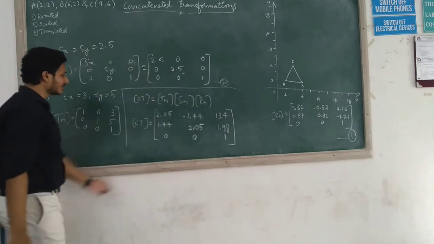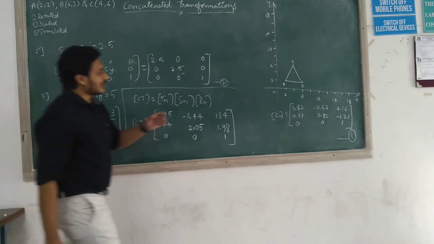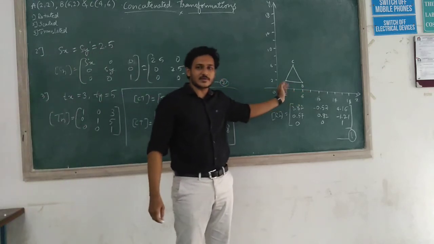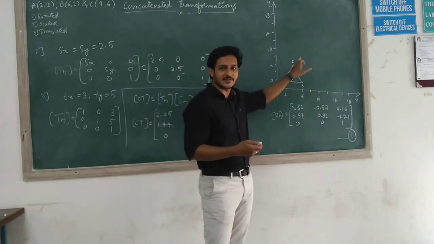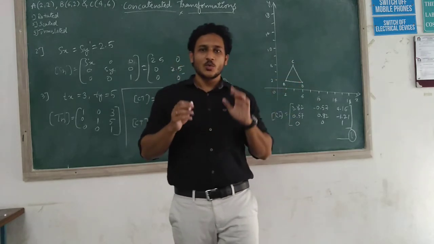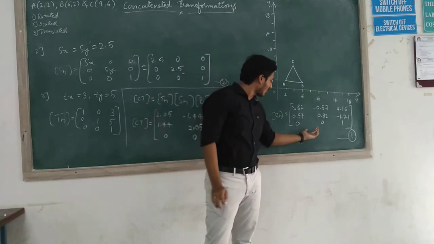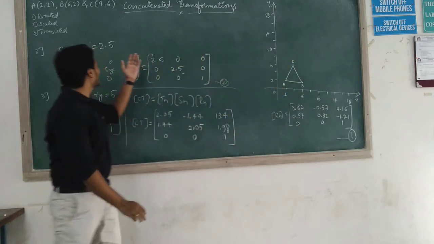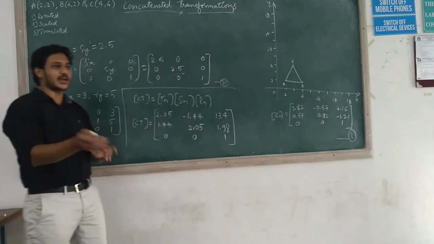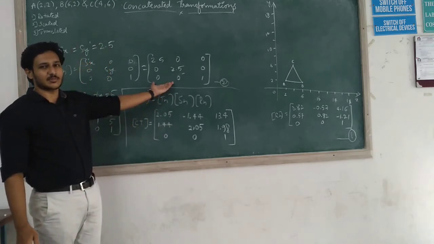So what is this concatenated transformation? We have a triangle with coordinates A, B, C, rotated about the point C counterclockwise by an angle of 35 degrees. We get the rotational transformation matrix. After that, we scaled up 2.5 times both in x and y direction, so we got the scaling transformation matrix.